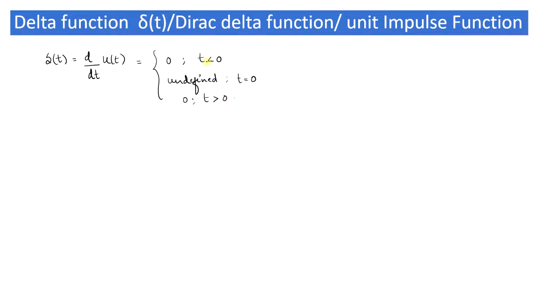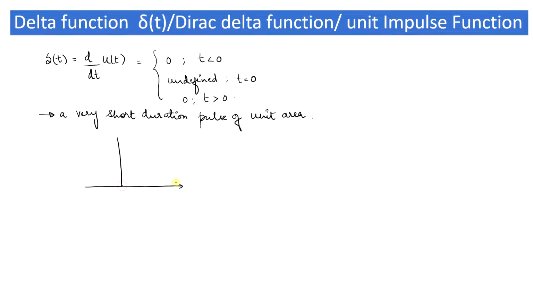So basically this is a very short duration pulse of unit area. I can represent this particular signal as equal to delta of t, and let me point out the arrow mark in order to show the amplitude equal to 1. Integration 0 minus to 0 plus delta of t dt is equal to 1.